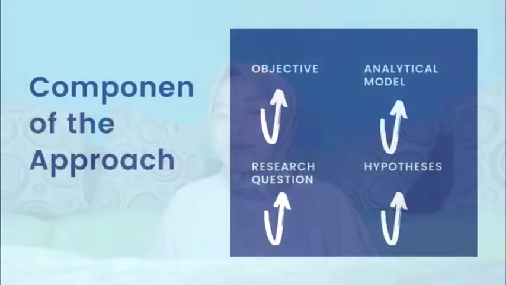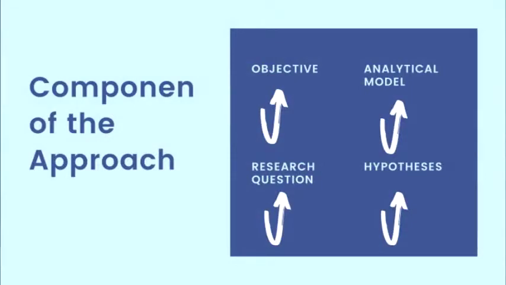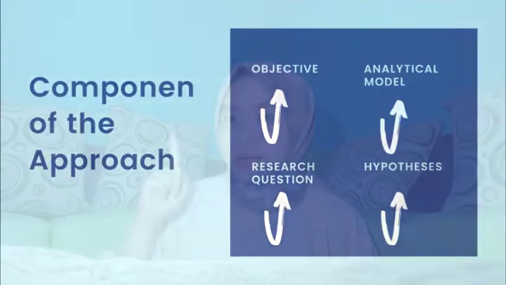Okay, next to part F, components of the approach. Objective or theoretical framework. In general, research must be based on objective evidence and supported by theory. And then, what is theory?